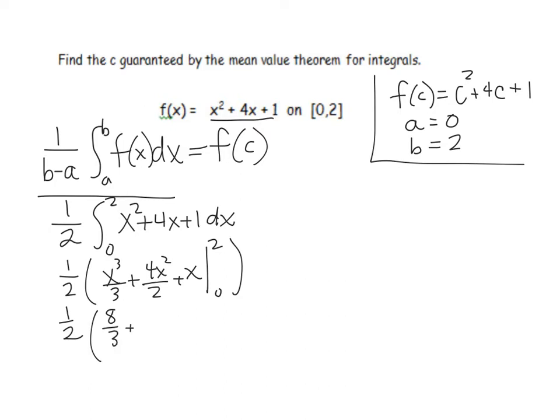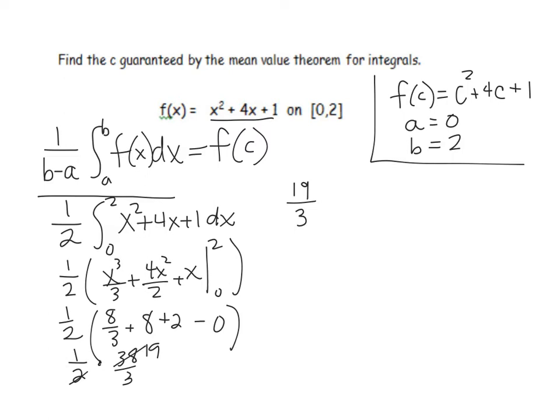This is 2 times 4, which is 8, plus 2, and then that would just be minus 0, because if you put a 0 in for x on all those, you're going to get minus 0. So that's the definite integral. So this is 10/3, or 10, which is 30/3, so this is 1/2 times 38/3, and the 2 and the 38 are going to cancel to 19. So what I end up with is 19/3 on this side.